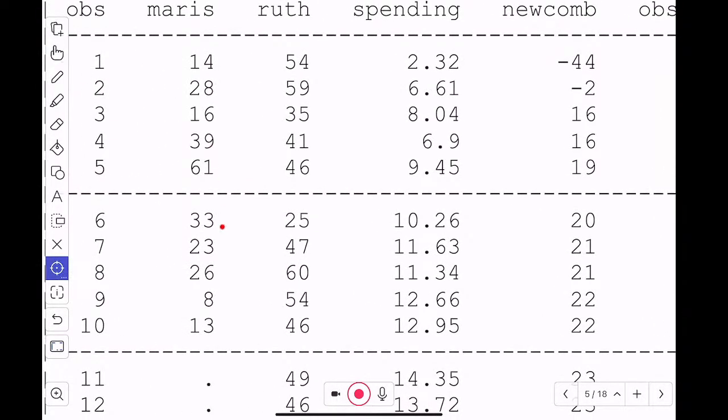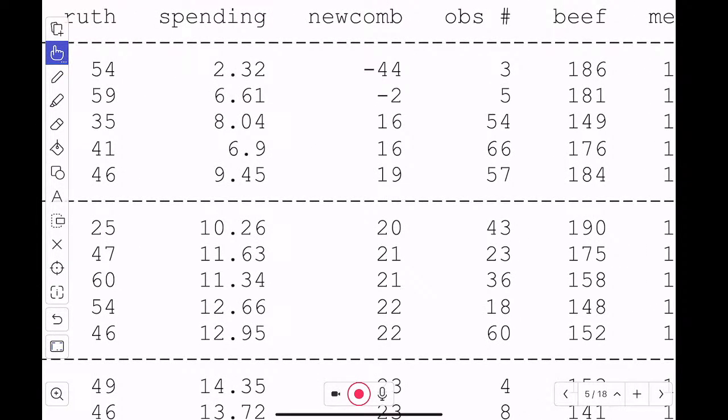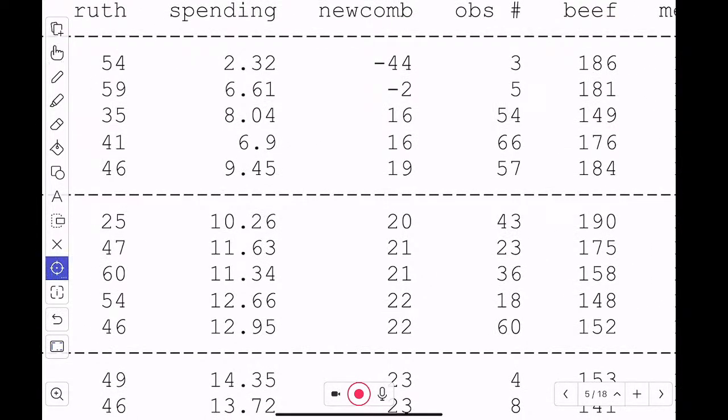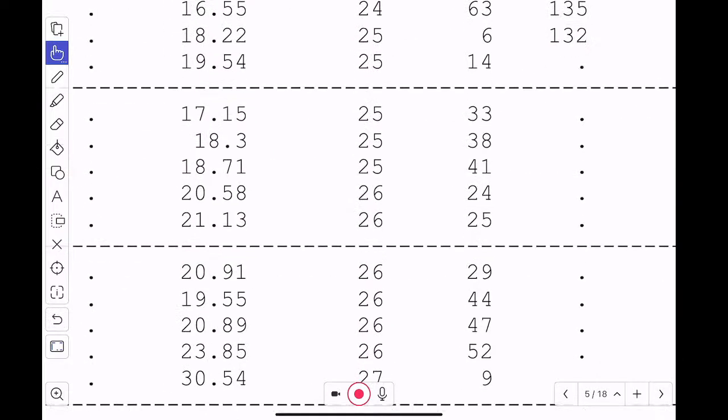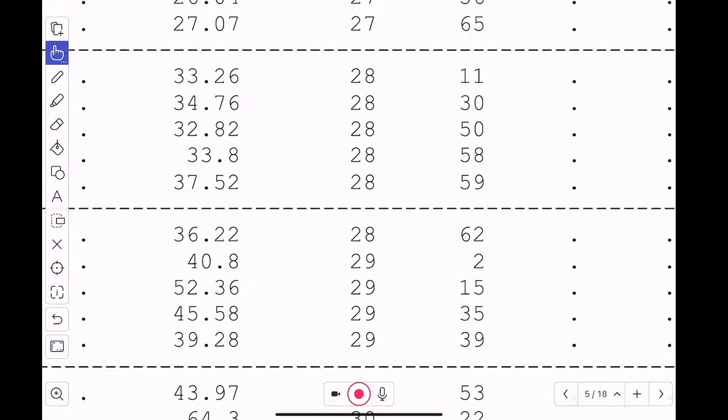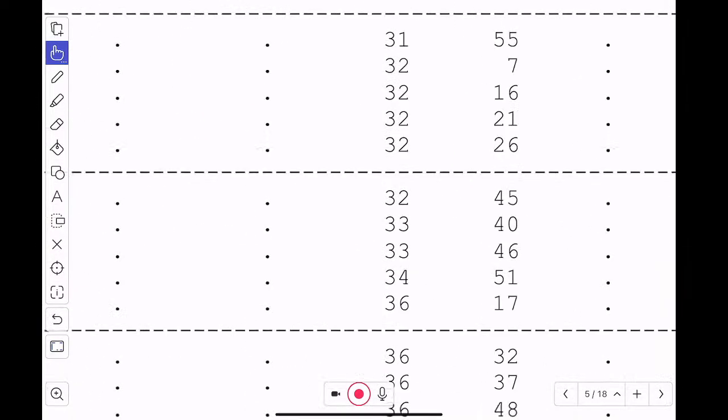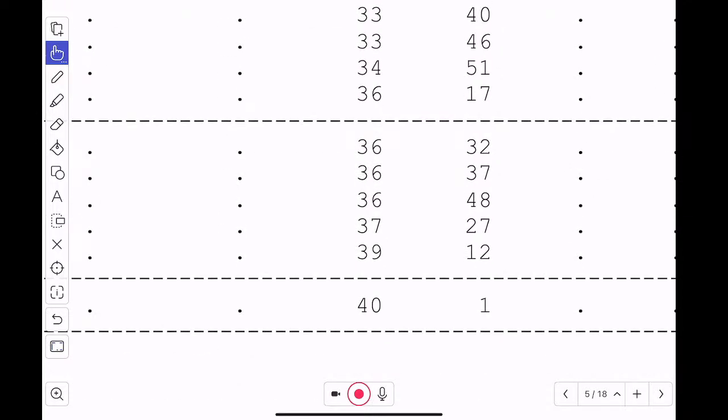So here's Newcomb's data, and I'm going to wipe out this one and this one because these were determined to be outliers by our brilliant analysis. So the data really starts at 16 and goes up till, what's the highest value? Looking at all the 24s, 25s, 26s, I think it goes to 40. Okay, so that's the highest value, 40.